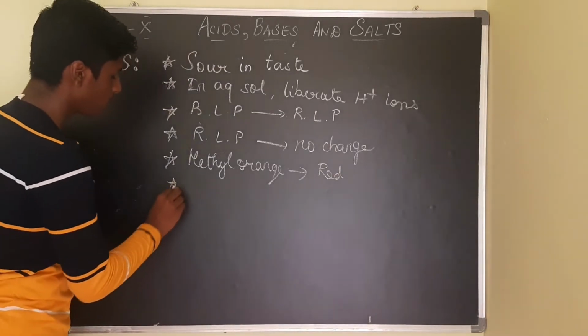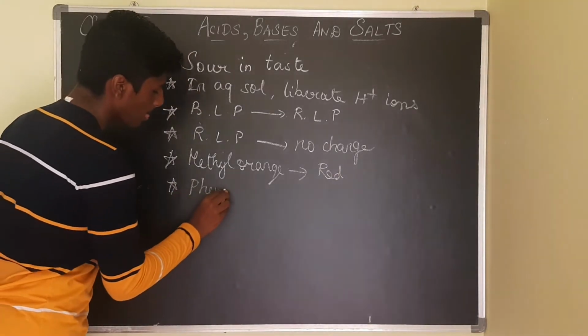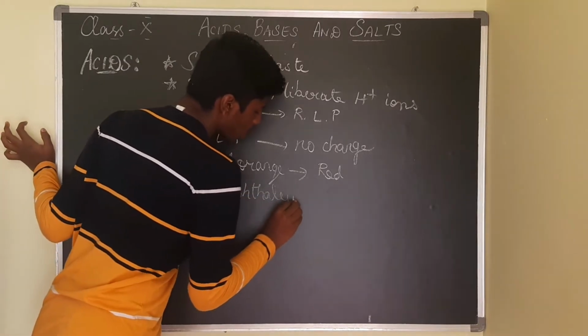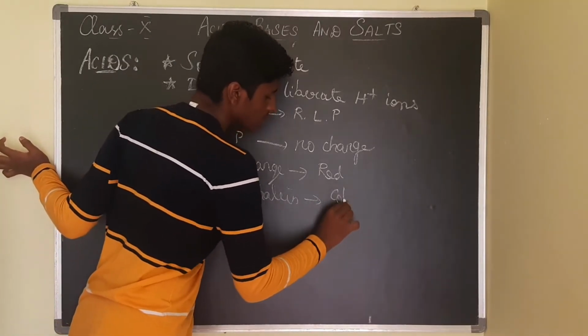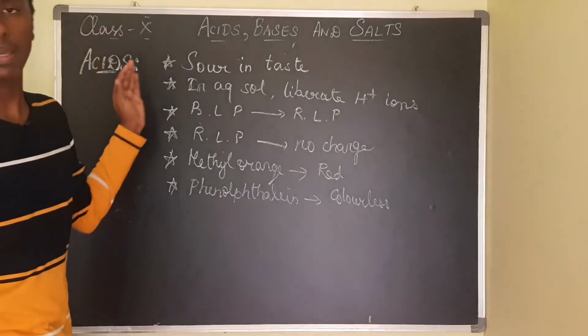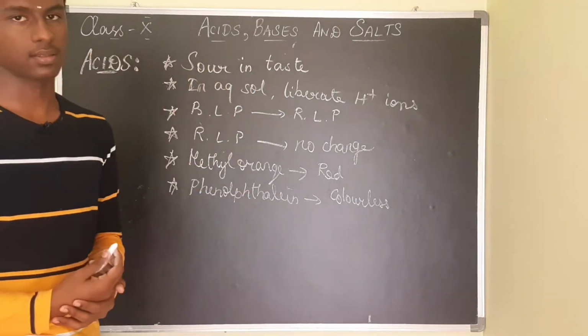Then acid in phenolphthalein will remain colorless. Okay, these are some basic properties of acids.